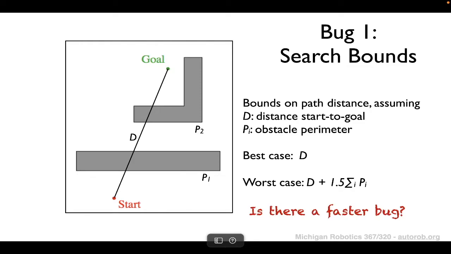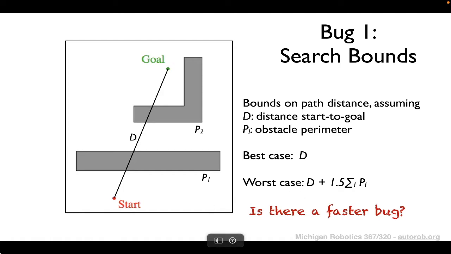The reasoning behind this is we're still going to have the straight line distance that the bug algorithm will take from the start to the goal. But in addition to that, the bug algorithm is going to have to circumnavigate each of these perimeters 1.5 times in the worst case, when it essentially has to return to the leave point that it set as it does its wall circumnavigation. And so this is how we arrive at this worst case bound here.